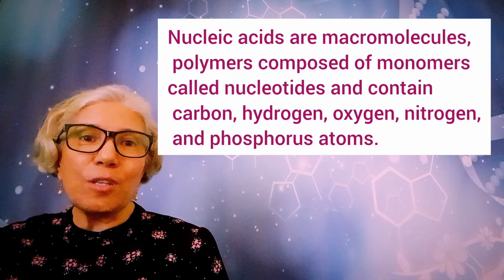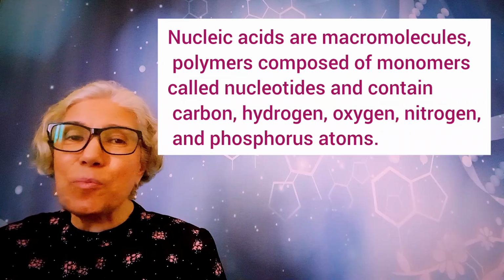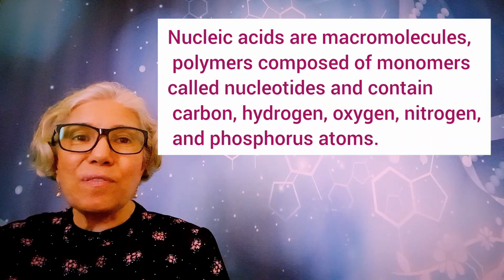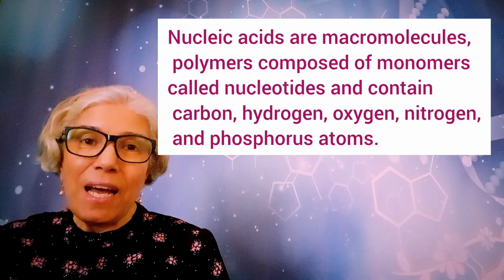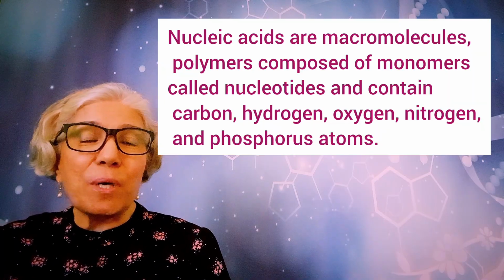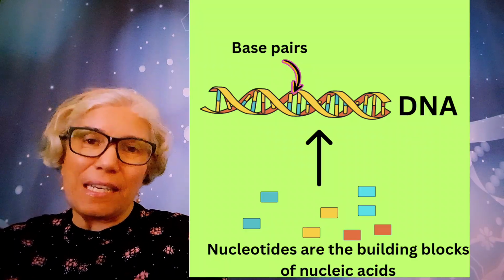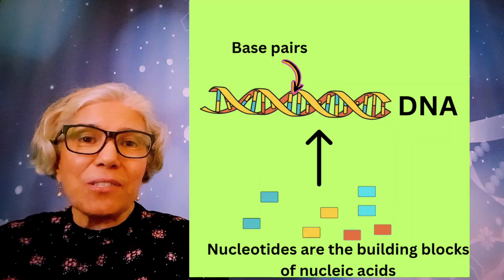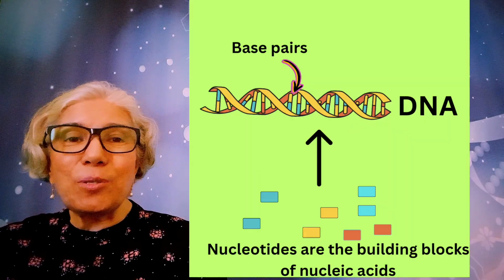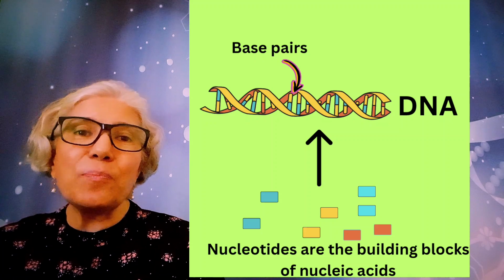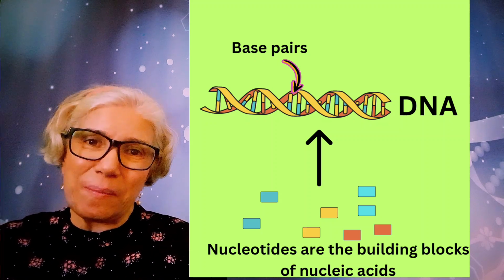Now, let us go to some more details about nucleic acids. Nucleic acids are very long and large molecules, macromolecules, composed of carbon, hydrogen, oxygen, nitrogen, and phosphorus atoms, and made up of monomers called nucleotides. Nucleotides are joined to each other by covalent bonds, giving the molecule the form of a long polymer, a long chain.